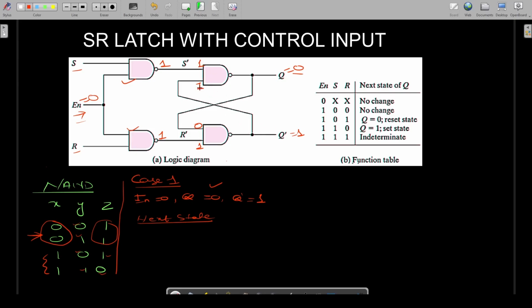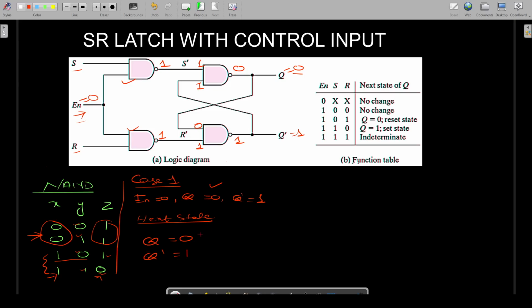Now if the input is 1 1, the output is 0. So here the output will be 0, and if the input is 1 0, then the output is going to be 1 here. So what we observed is that the value of Q is 0 and the value of Q dash is 1.